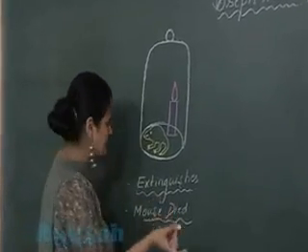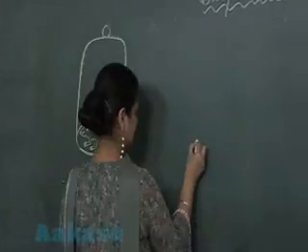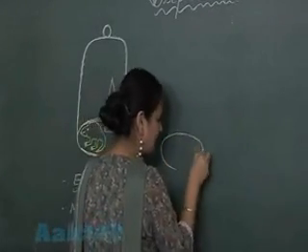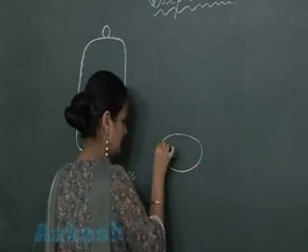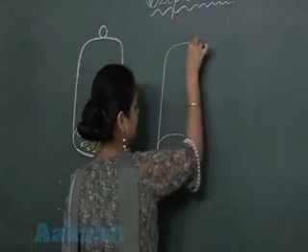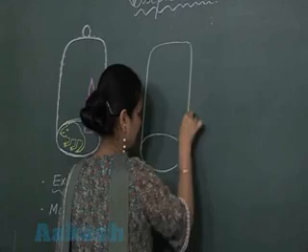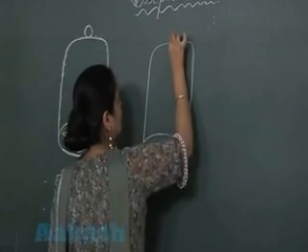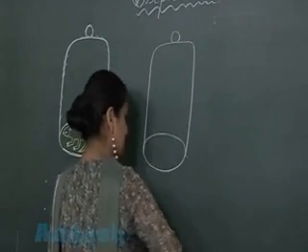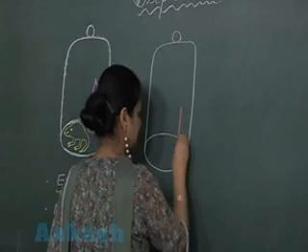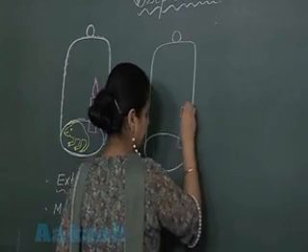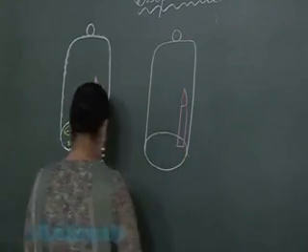Now in the next setup, what he did, again he took a closed jar. Inside the closed jar, he placed a burning candle. Again, a mouse.